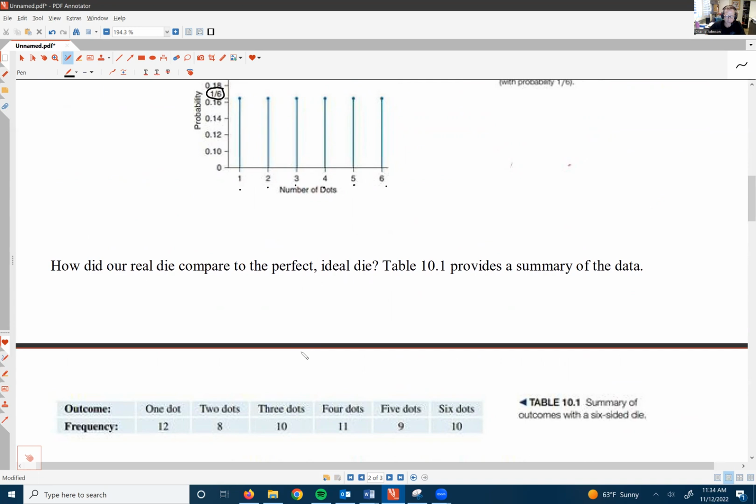Rolling a 1 landed 12 times, rolling a 2 landed 8 times, rolling a 3, 10, rolling a 4, 11, rolling a 5, it landed 9 times, and rolling a 6 landed 10. So remember, each of them has an equal chance of 1 out of 6, and we rolled it 60 times. An exactly fair die would have landed 10 times for each one of them. So not too far off, but keep in mind we didn't roll it that many times.